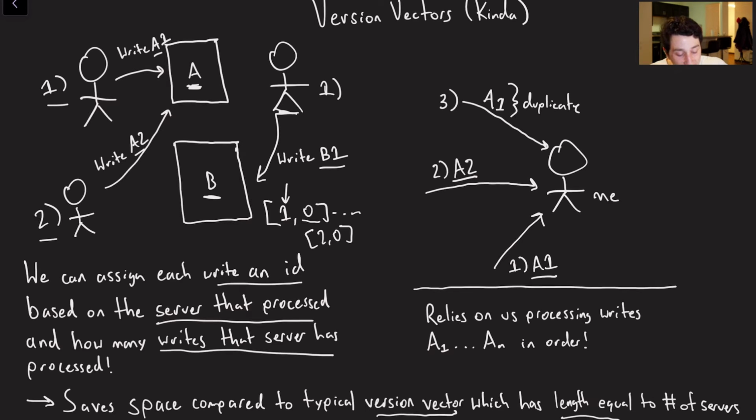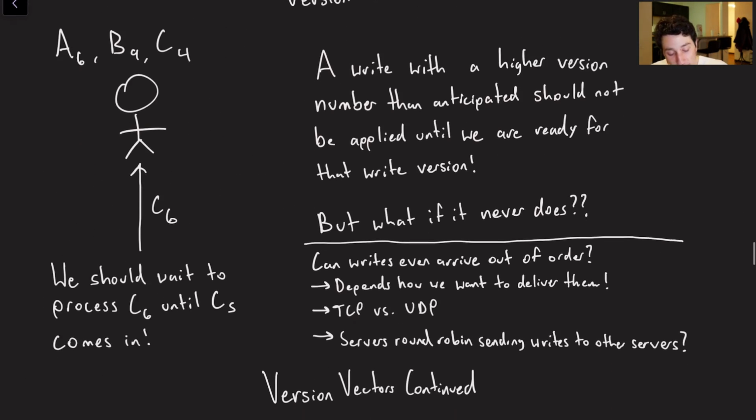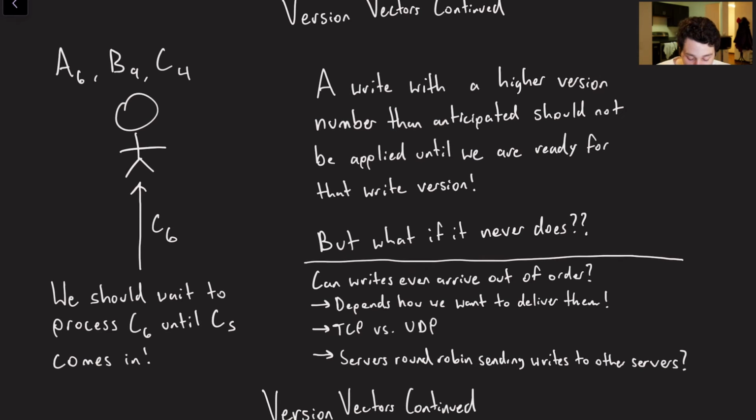Now all of a sudden I know that I've seen 2 writes from server A. And then finally, if I see A1 again, I will know that that's a duplicate, because right now I'm going to keep a local version vector, which looks something like this, 2, 0, meaning I've seen 2 writes from server A, I've seen 0 writes from server B. So if something comes in like A1, I can look at the A index over here, say, you know what, I must have already seen this, and now I'm good to go.